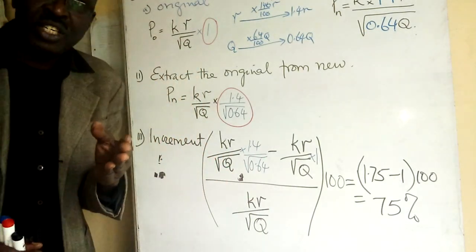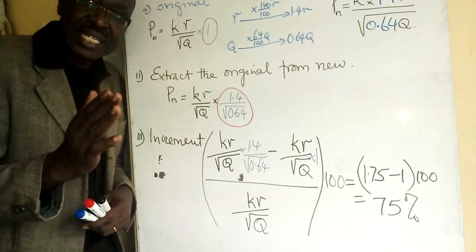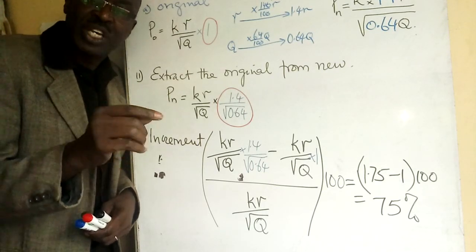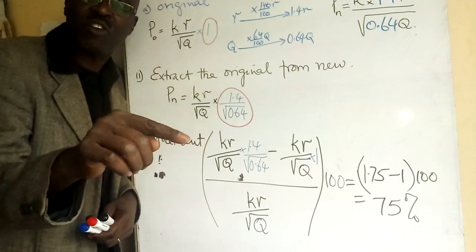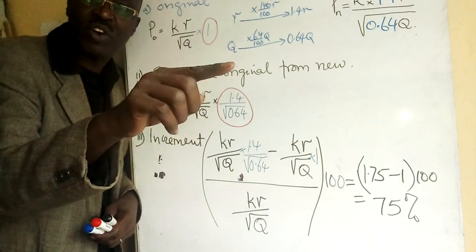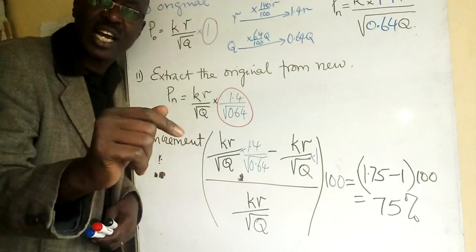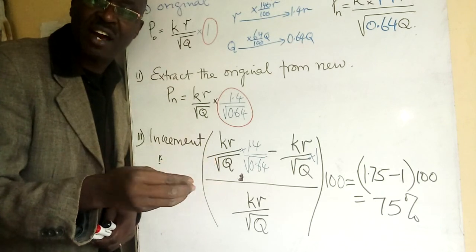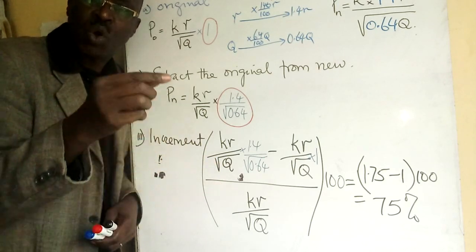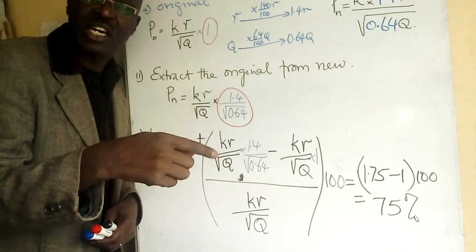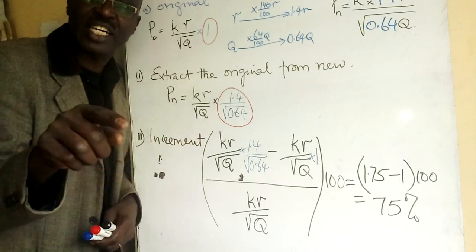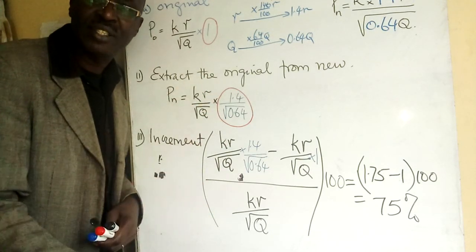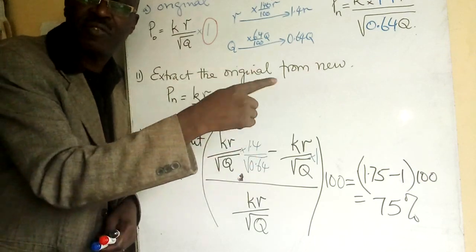Square root of 0.64 is square root of 64 over 100. Square root of 64 is 8, square root of 100 is 10. So in the denominator I have 8 over 10. 1.4 divided by 8 over 10 is equal to 14 over 8, which is 1.75.